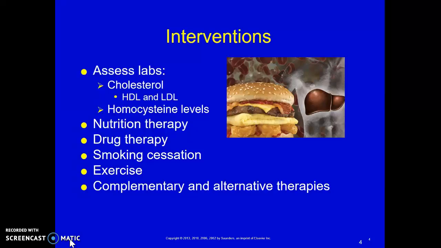And then they also may get labs for what's called homocysteine levels. Other things that we do for patients that are having atherosclerosis are nutrition therapy, drug therapy, smoking cessation, exercise to keep the blood flowing through, and then sometimes complementary and alternative therapies are used also.